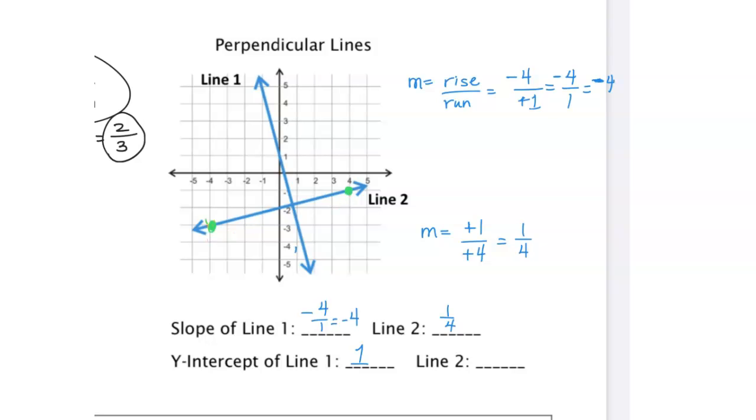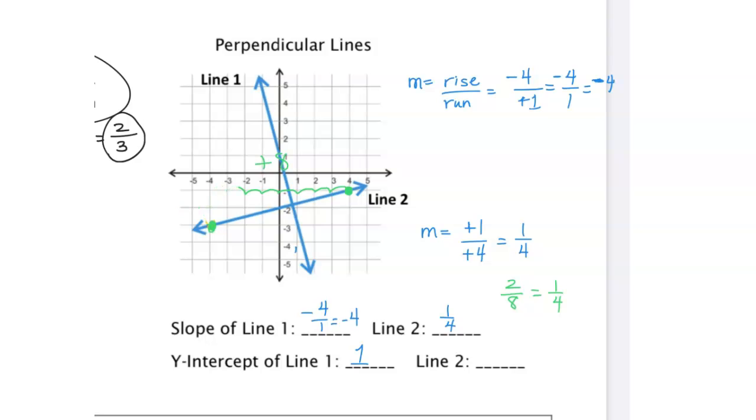We would have gone up by 2, and traveled to the right by 1, 2, 3, 4, 5, 6, 7, 8. So a +8. So in this case, it would have been 2 over 8. But what is 2 over 8 reduced to? 1 over 4. So you get the exact same thing. Whichever 2 points that you choose on your line, and you calculate the rise over run, you'll get the exact same answer as soon as you simplify your fraction.